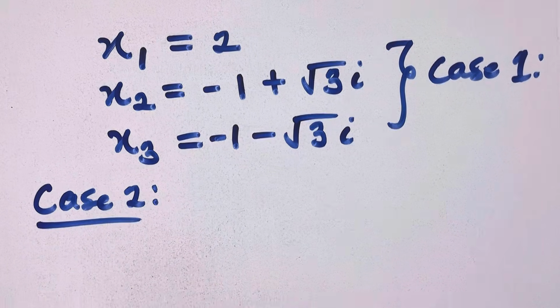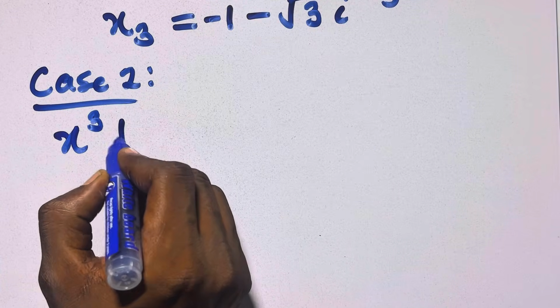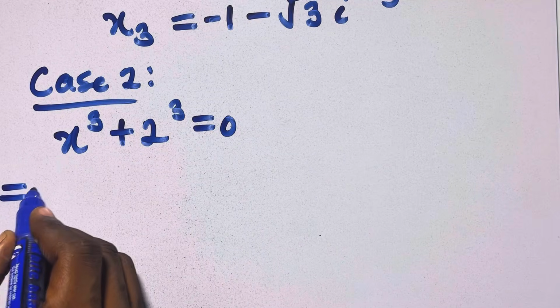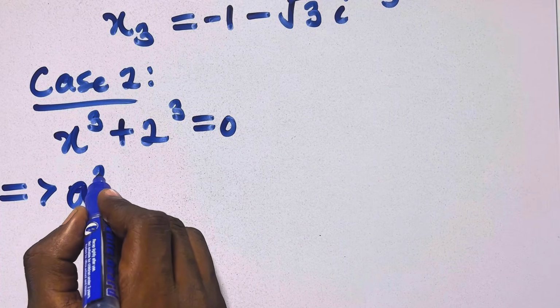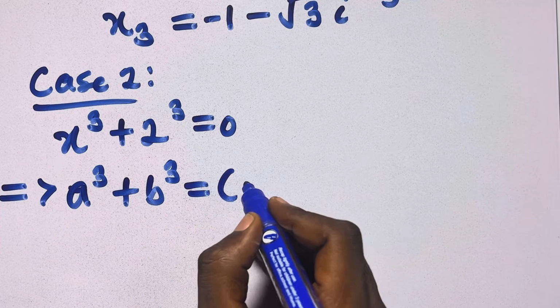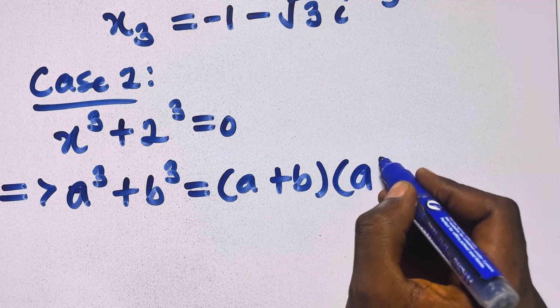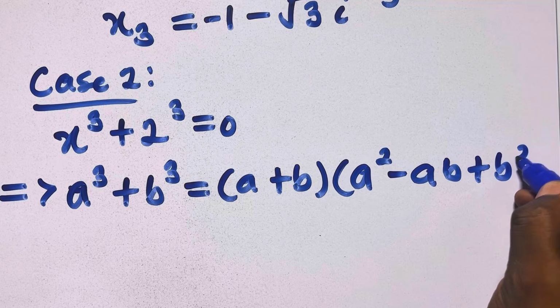The case 2 equation says x raised to power 3 plus 2 raised to power 3 equals 0. The first thing you have to note is to remember the sum of two cubes, which is equals a plus b, then a squared minus ab plus b squared.